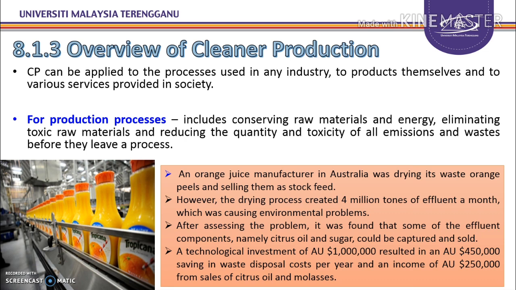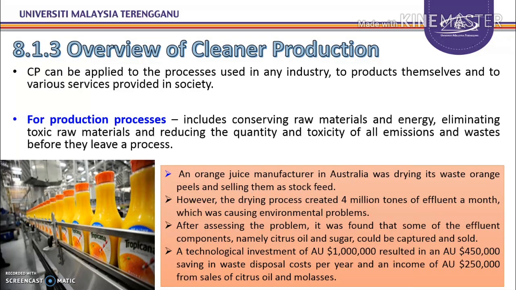After their management assessed this problem, they found that some of the effluent components, namely citrus oil and sugar, could be captured and sold to other companies to make a new product. Then the top management made a technological investment, because to extract the citrus oil, they needed to modify their technology.